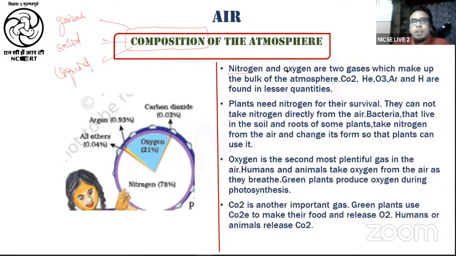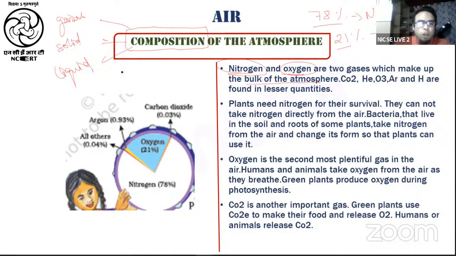So what is the first point? Nitrogen and oxygen are the two gases which make up the bulk of the atmosphere. So out of all the gases which are present in the atmosphere, which are the two major gases? Number one is nitrogen and number two is oxygen. Out of all the gases which are present, 78% of the total composition is made up of nitrogen, and 21% is made up of oxygen.